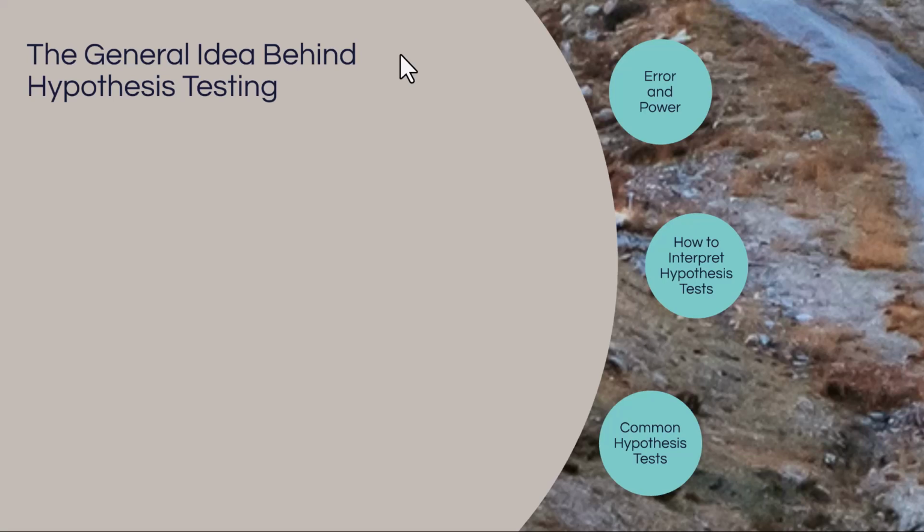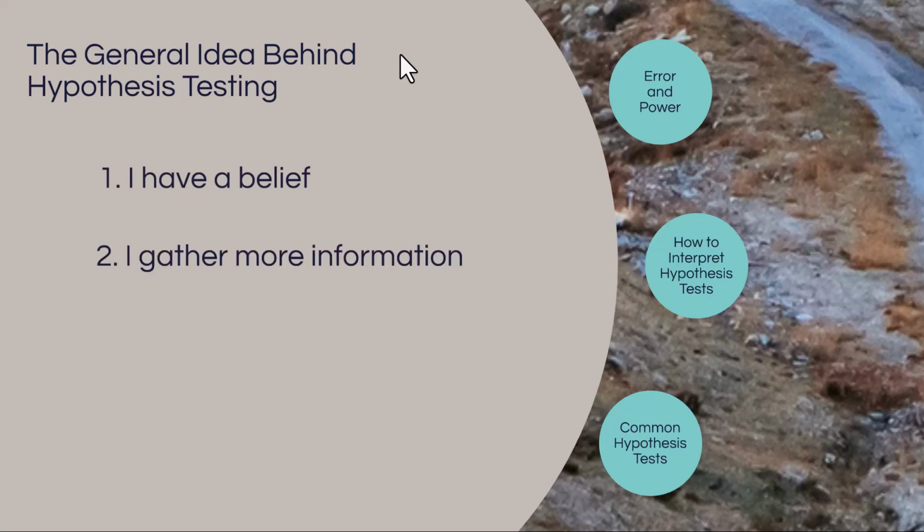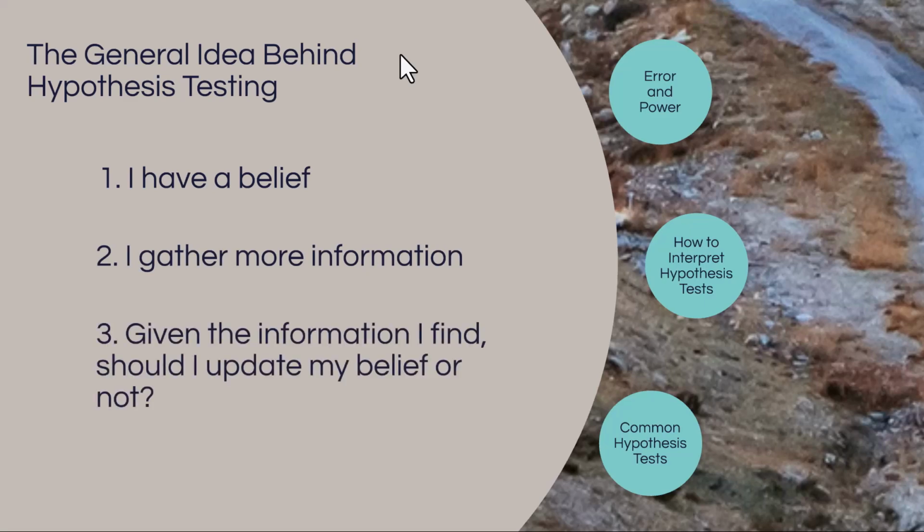So the general idea behind hypothesis testing is actually quite simple. So you start with, I have a belief. Then I gather more information. And then based on information, I have to decide whether I should update my belief to some specified alternative, or do I not do that? And I just choose to keep my current one.